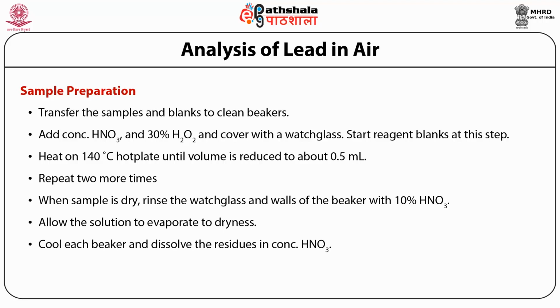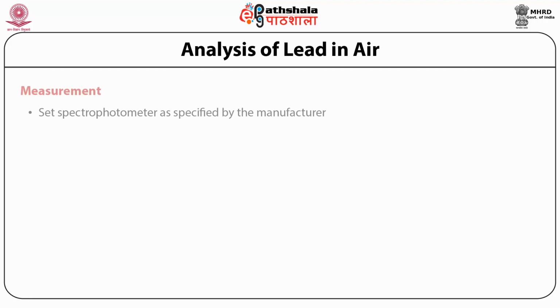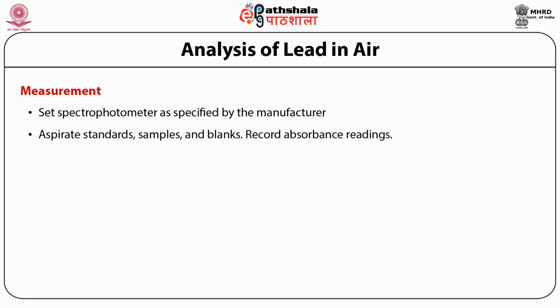Cool each beaker and dissolve the residue in concentrated nitric acid. The solution is transferred quantitatively to a 10 ml volumetric flask and diluted to volume with distilled water. The recording of the lead emission is done according to the specifications provided by the manufacturer. The sample, standard and blank are aspirated in the system, absorbance and emission is recorded and measurements are done.